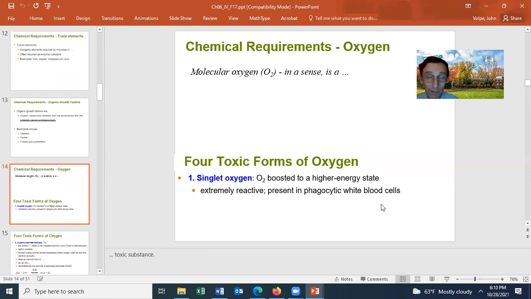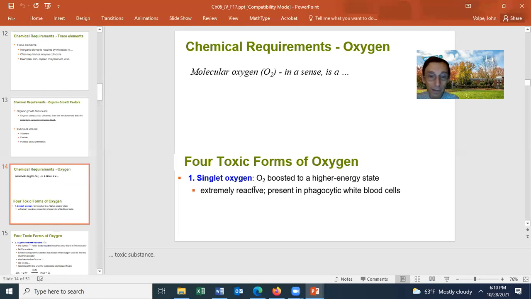And whenever oxygen is around, toxic forms of oxygen can be made, and they would be toxic to our cells and any other cell, unless they have a means to make the oxygen molecule or byproduct non-toxic. There are 4 toxic forms of oxygen.